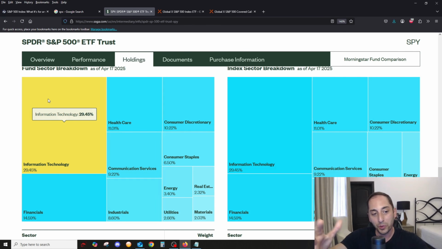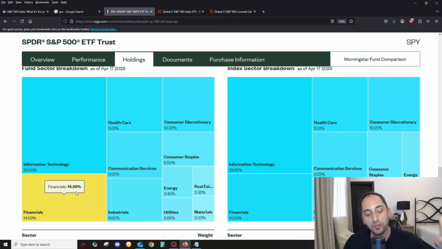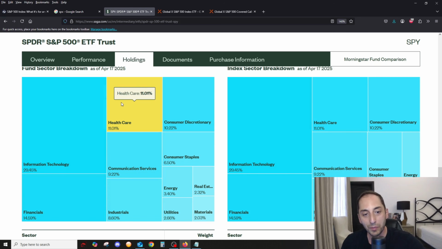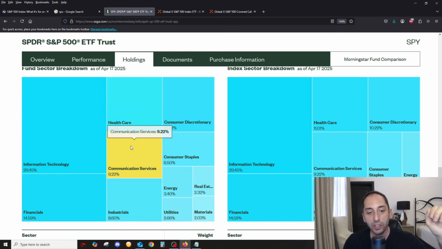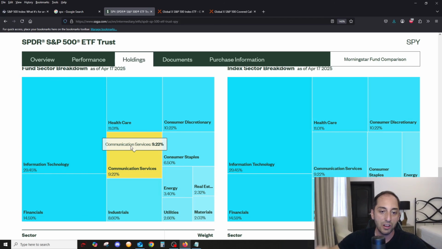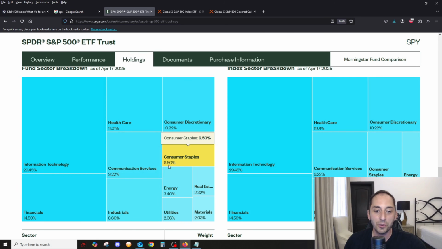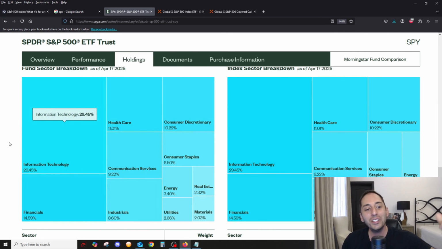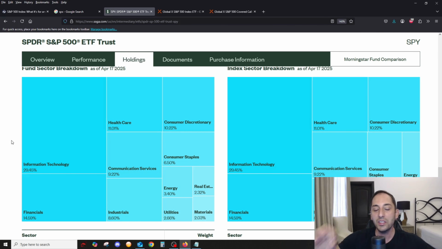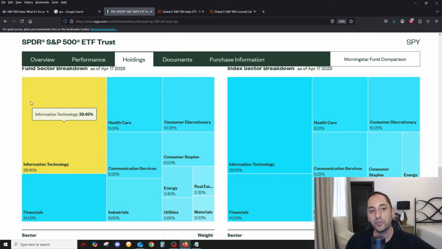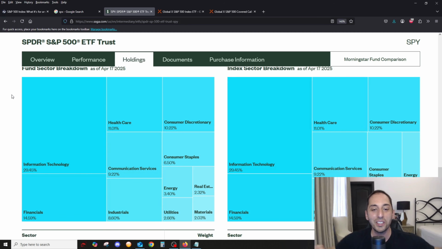About 30% right now, 29.45, is technology stocks, 14.59 in financial stocks like banks and credit card companies, 11% in healthcare, communication services or telecom, consumer staples, etc. So you actually have all 11 sectors of the stock market represented in the S&P 500 index. That's why they say it's very well diversified.